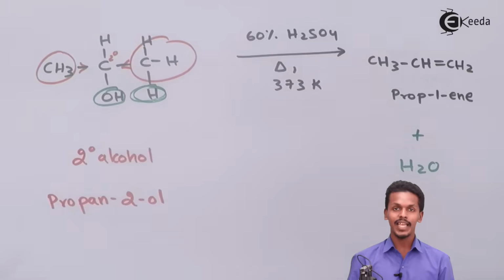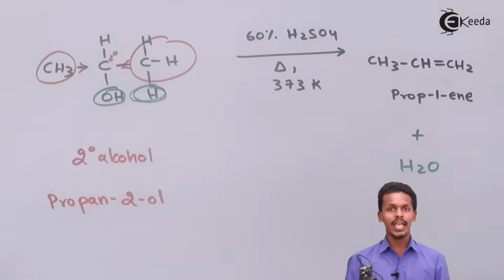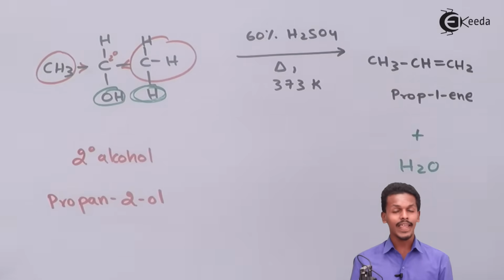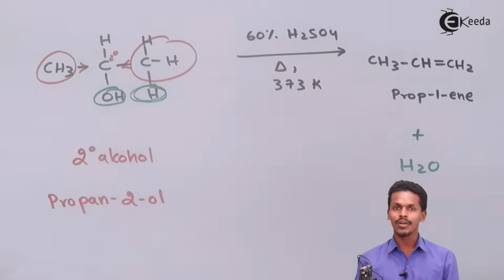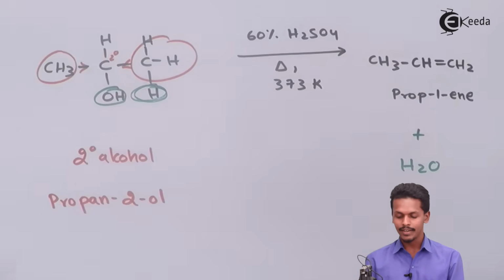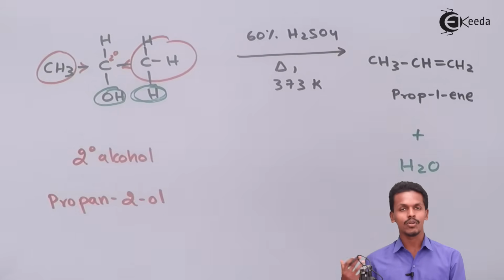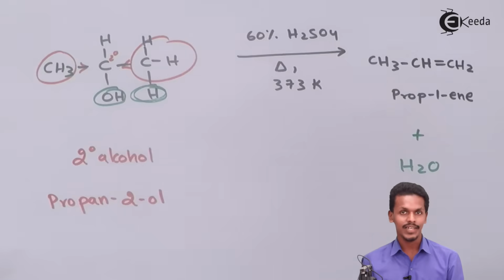And if OH is eliminated easily, we don't have to give a higher concentration of H2SO4 or higher temperature, and the process will go on comparatively easily compared to the primary one.